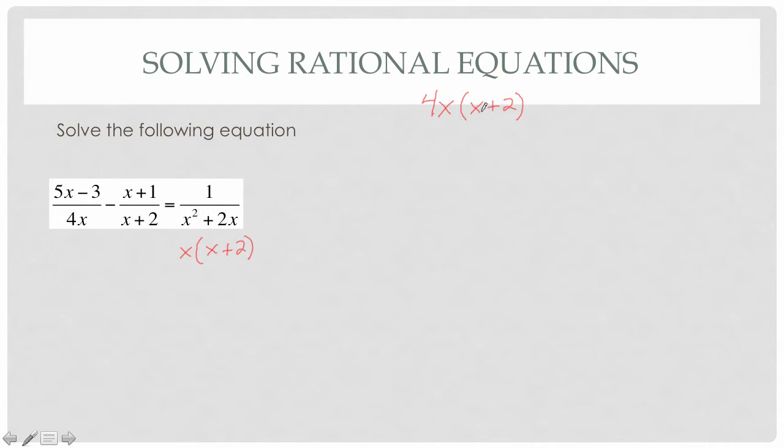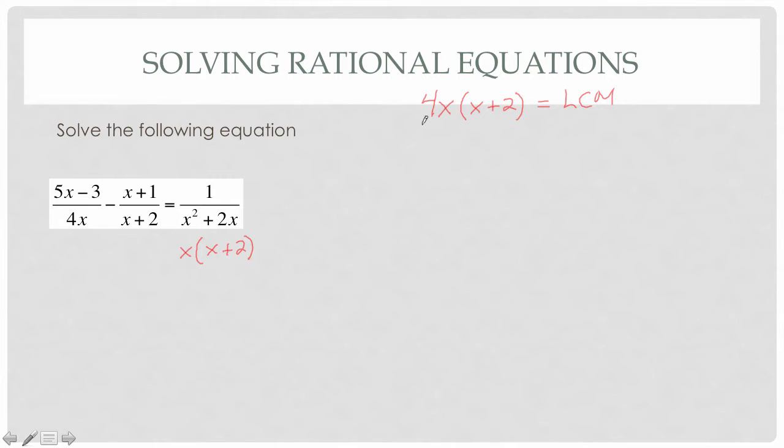But I already have an x plus 2 and I already have an x. So this right here will divide out the 4x, the x plus 2, and the x times x plus 2. It'll divide out all those. This is what we would call our least common multiple, right? It's the expression that each of those is a factor of.